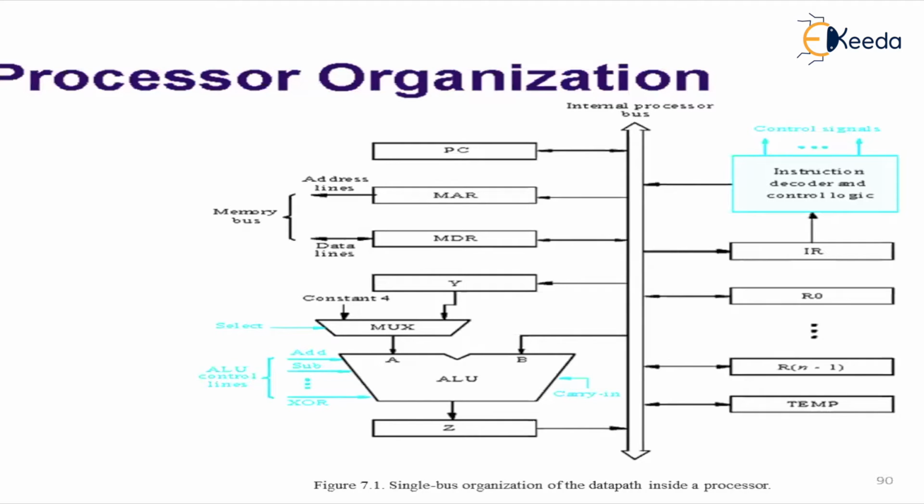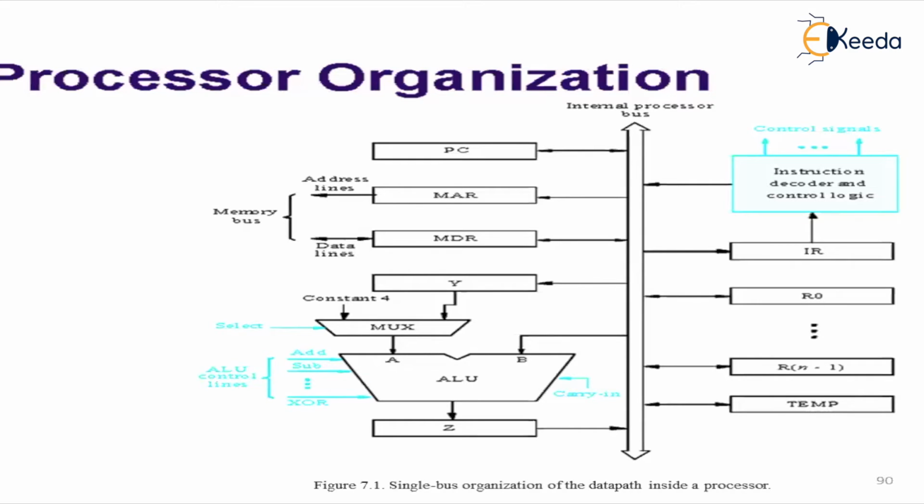You have the memory address register MAR, the memory data register MDR for data lines, then you have the ALU, and the signals flowing in Y, multiplexers, signals like select, addition, subtraction, XOR, meaning OR operation or XOR operation, and then the carry bit, and then you have the signal Z. Similarly, you have read and write on the other side. So all of these signals have been interconnected with each other in the form of branches, and they are connected to the control buses also.